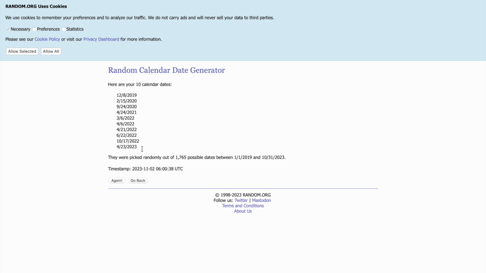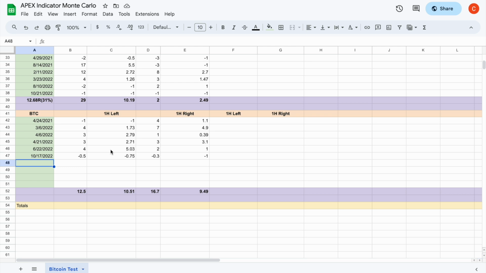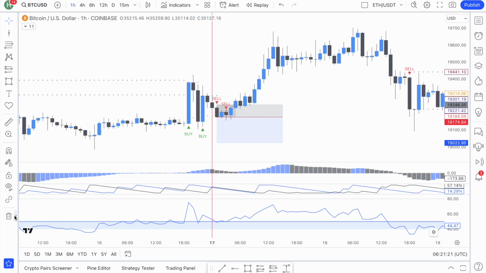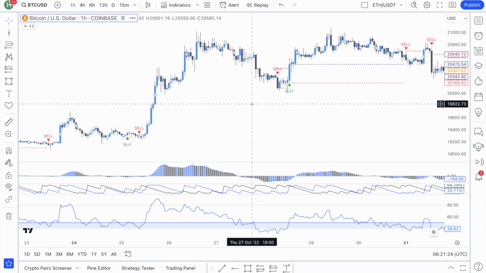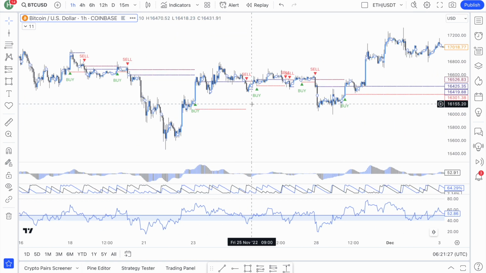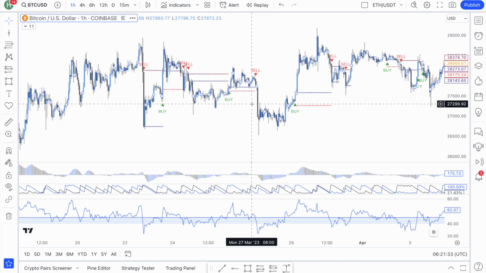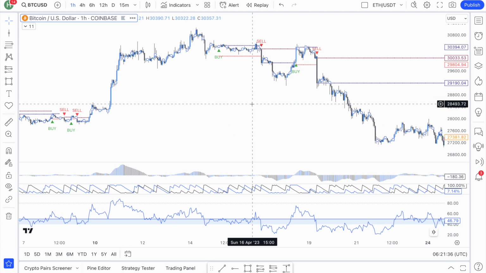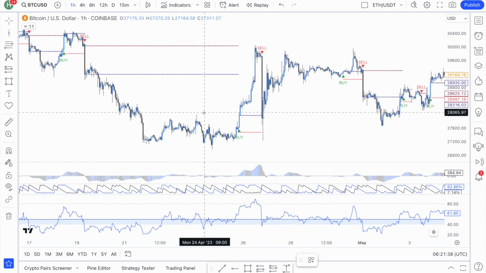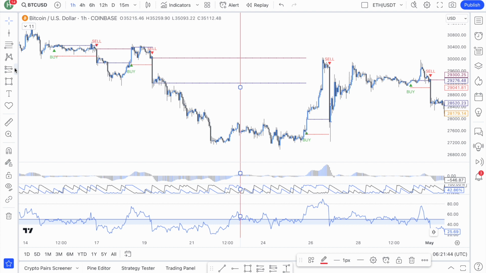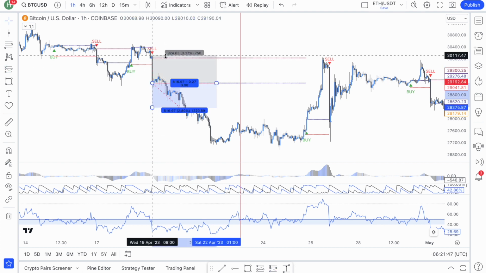And then last for this, I've got to do some more, but this is April 23rd, 2023. All right, doesn't matter where it is, so it's the same. So short position, setup.